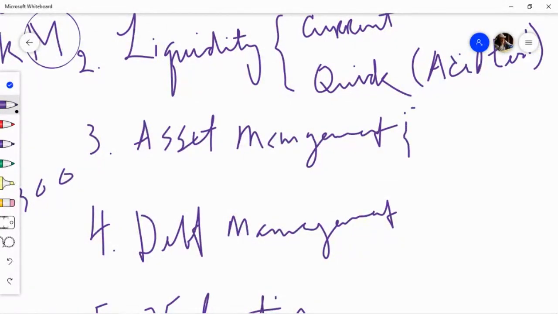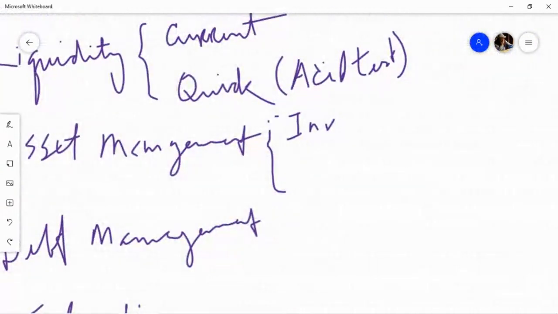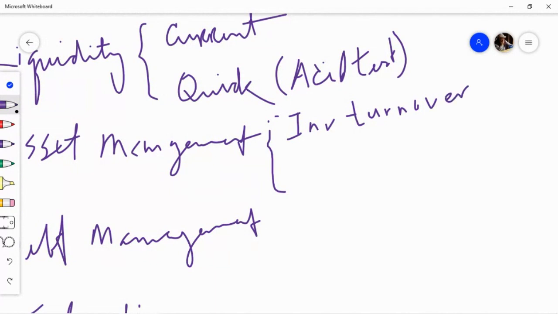And in the asset management category, two most representative ones are inventory turnover ratio and then fixed assets turnover ratio.